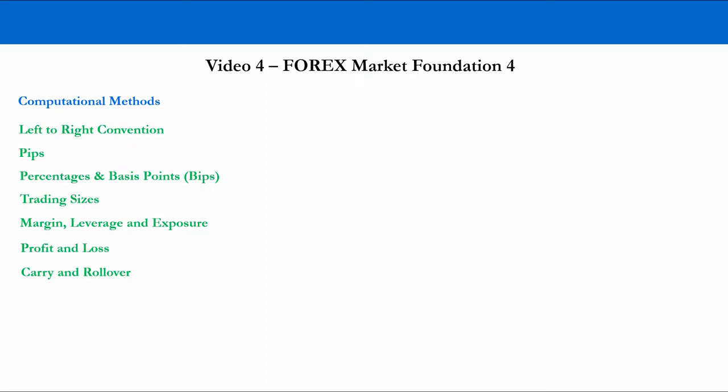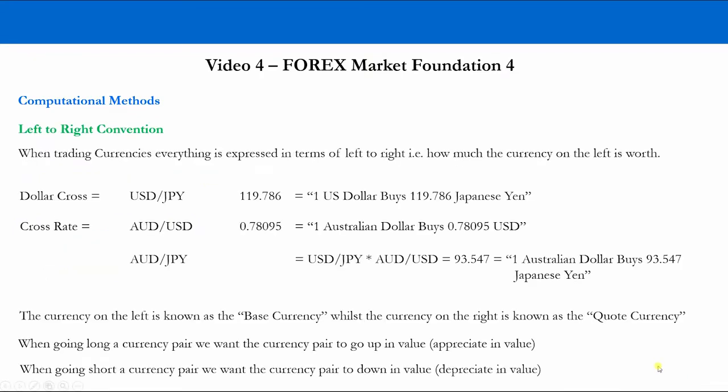So the first thing we're going to do is look at the left to right convention. And the left to right convention, if you've been around the Forex market for a while, you'll probably be quite aware of the left to right convention. But if you haven't been in the Forex market at all, it's quite important to understand this.